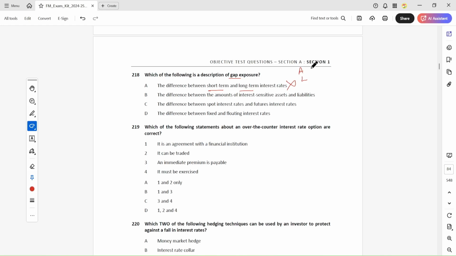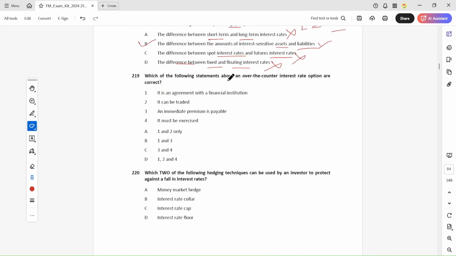If the value of these assets and liabilities is different, then this difference is called gap exposure. Difference between spot interest rate and future spot rate, no. Difference between fixed and floating interest rate, no. The difference between assets and liabilities at a point in time is called gap exposure.